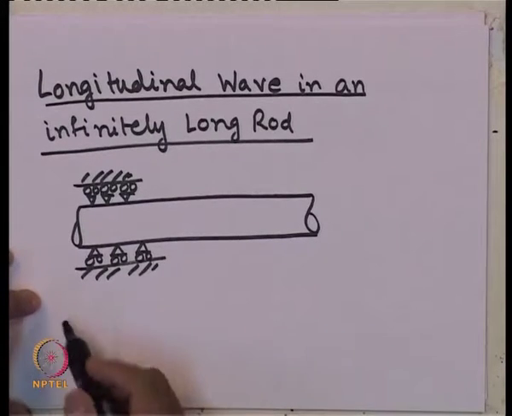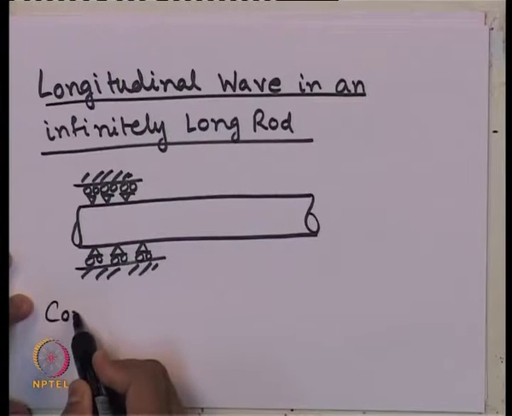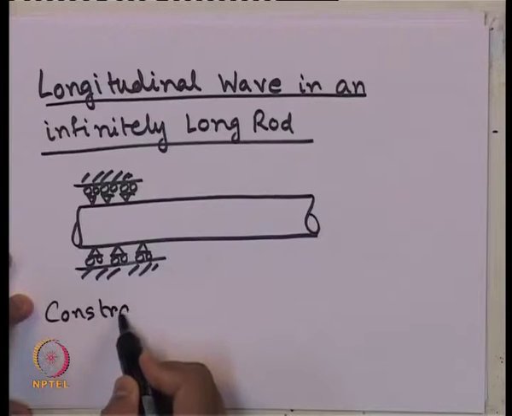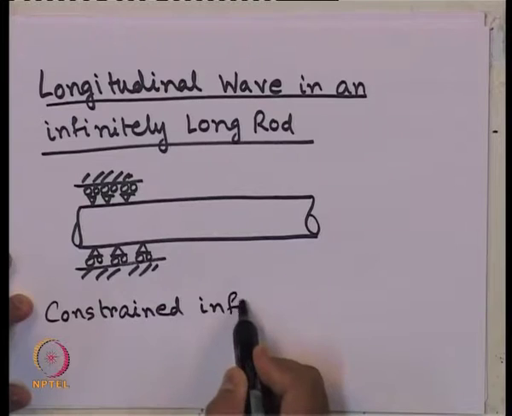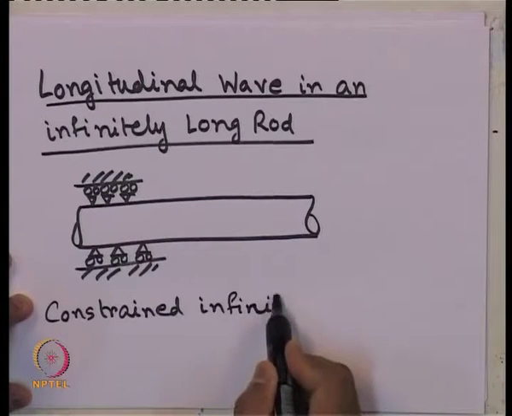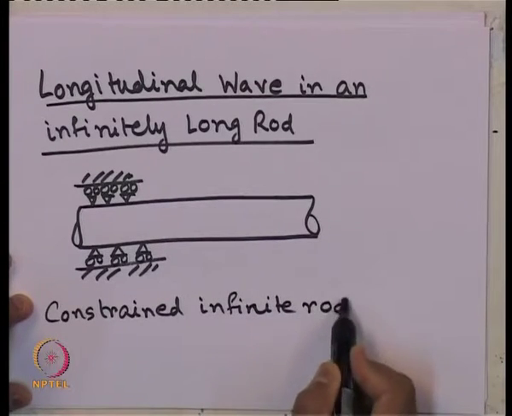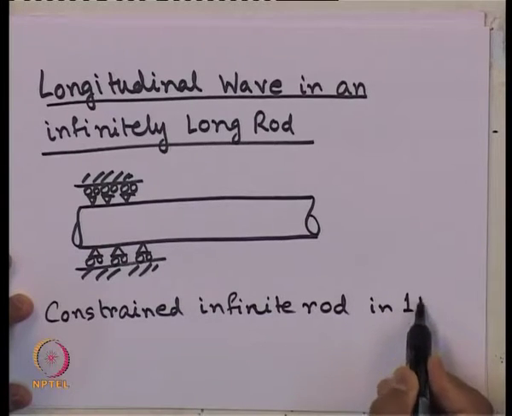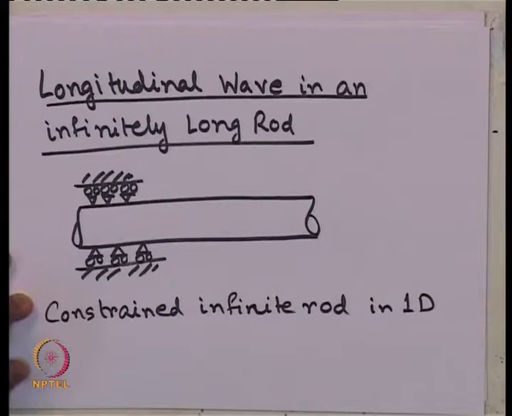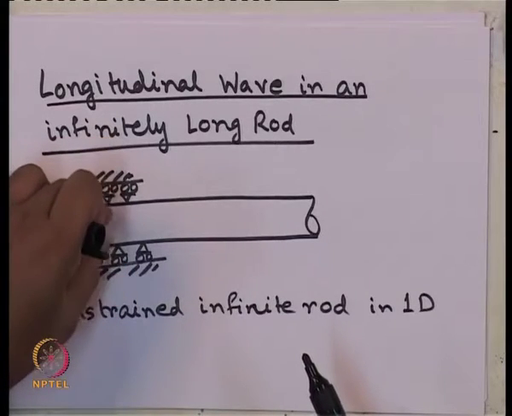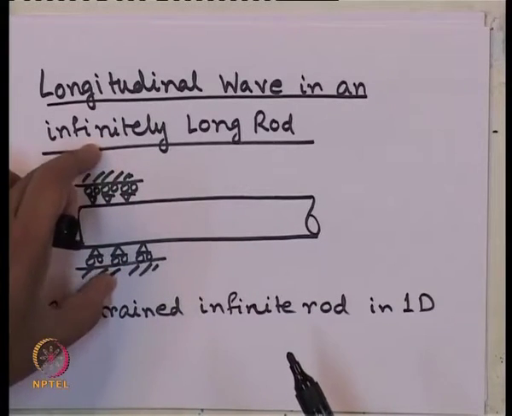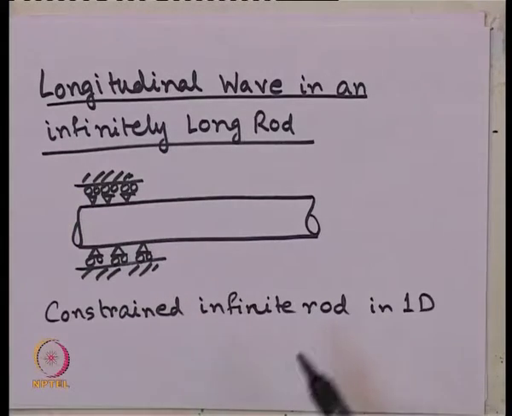So, we are considering basically a constrained infinite rod in one dimension, in 1D, for one dimensional wave propagation, and the radial straining, that is strain along this radial direction, is restricted by putting these rollers.